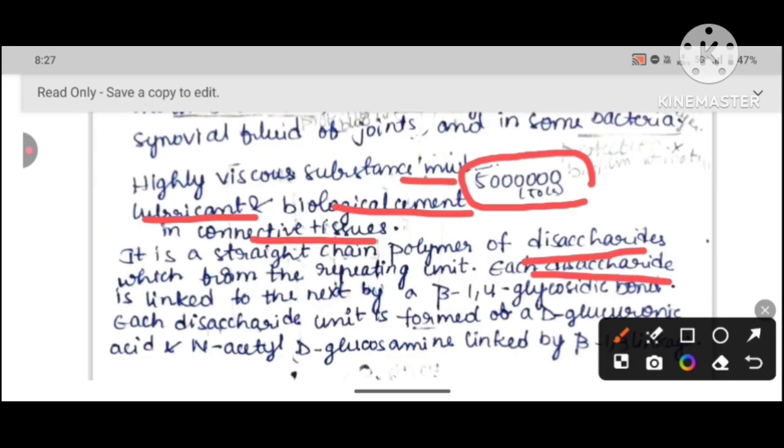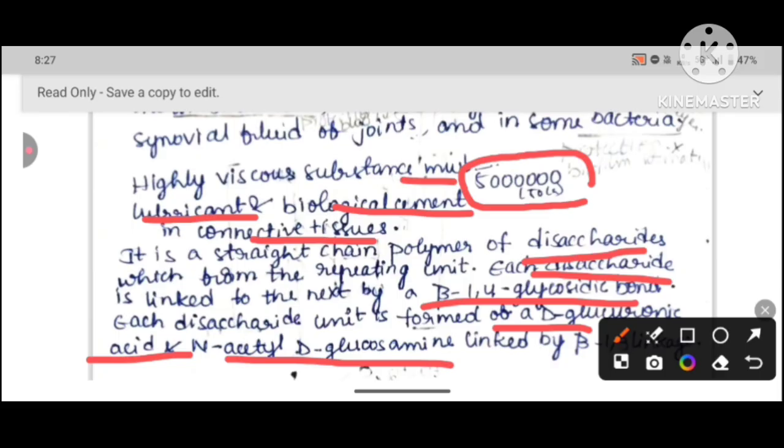Each disaccharide which forms a repeating unit is linked to the next by a bond known as the beta 1,4 glycosidic bond. Each disaccharide in hyaluronic acid is formed by D-glucuronic acid and N-acetyl D-glucosamine.